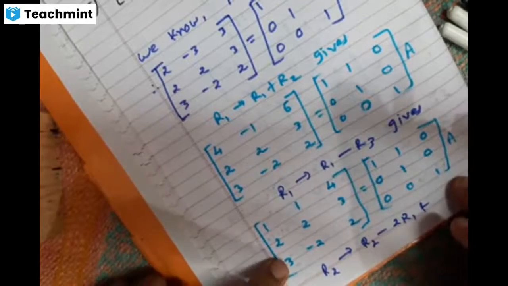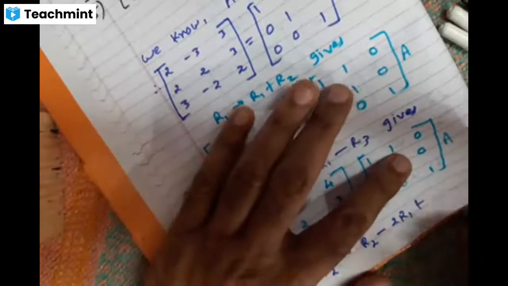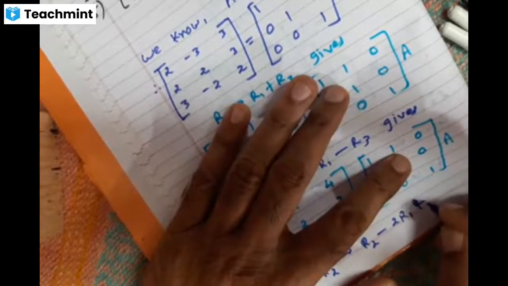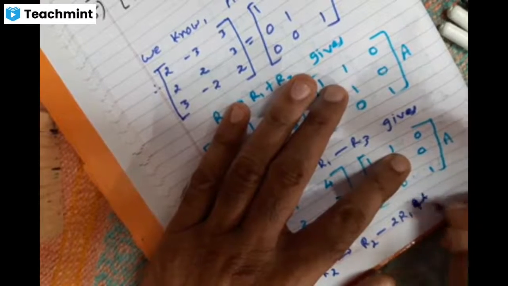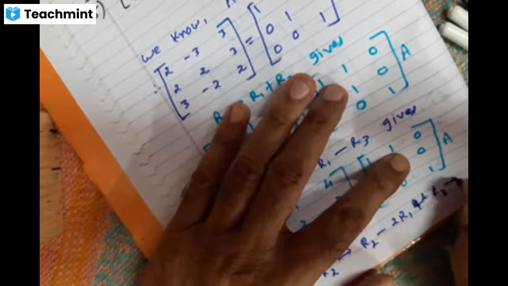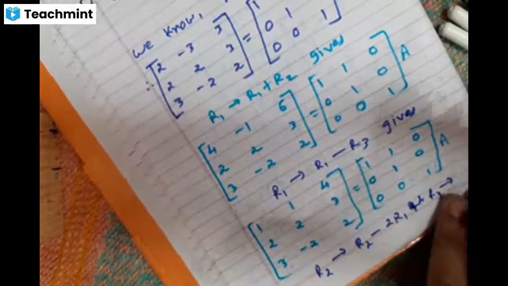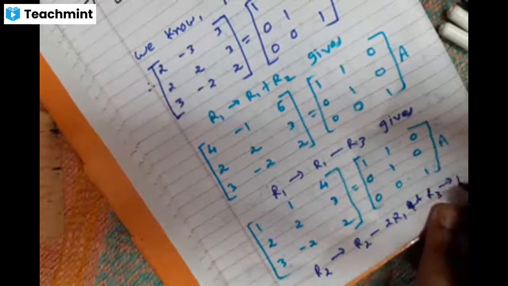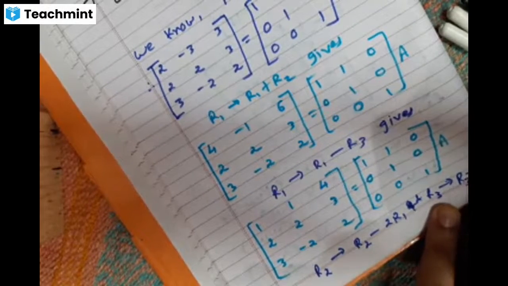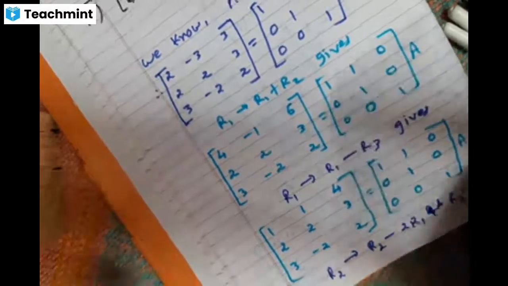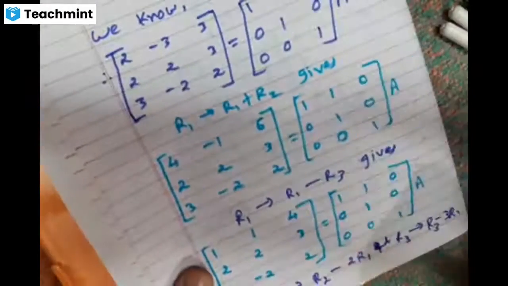Now the third row, and taking R3, R3 minus 3R1. Hope you can see this.